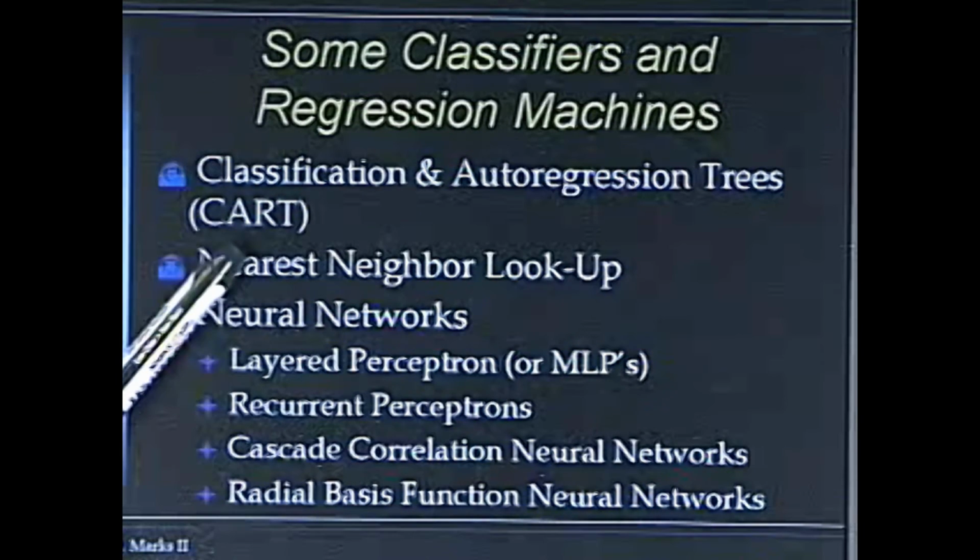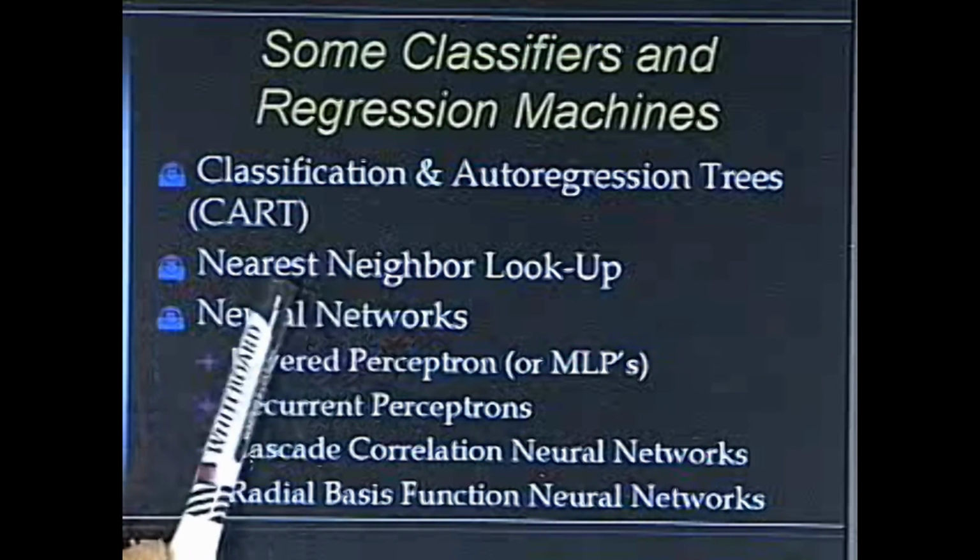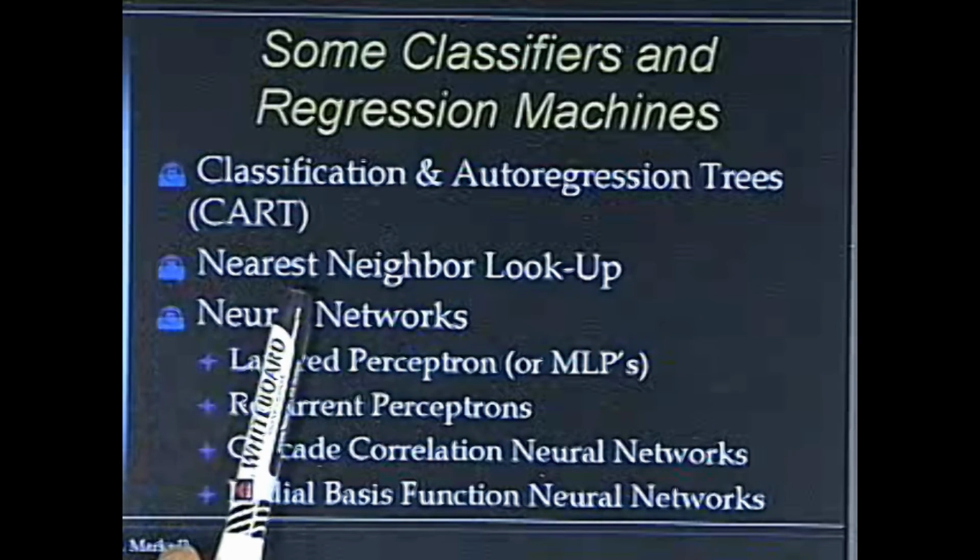We did a fascinating study of this versus nearest neighbor lookup. Now, nearest neighbor lookup is where you have a big database, and you look at what you have, and you say, oh, is that a bush or a shrub? And so you go down your database, and you compare it to each of the things in the database, and you find the best match for the input. And then you say, the best match is down here.